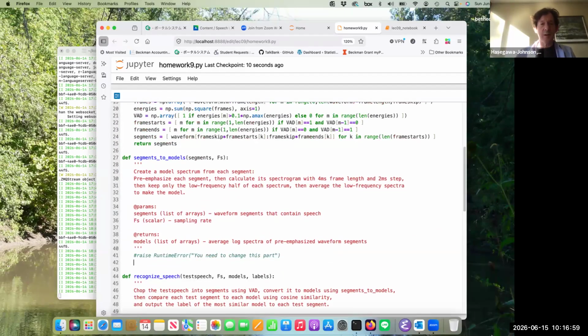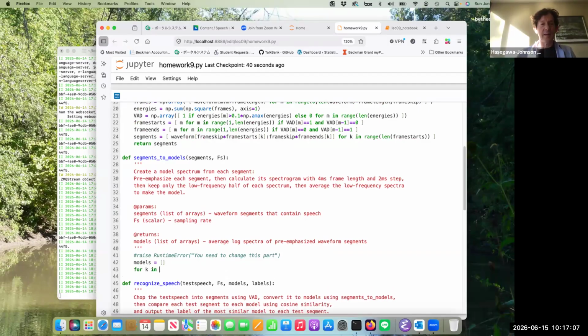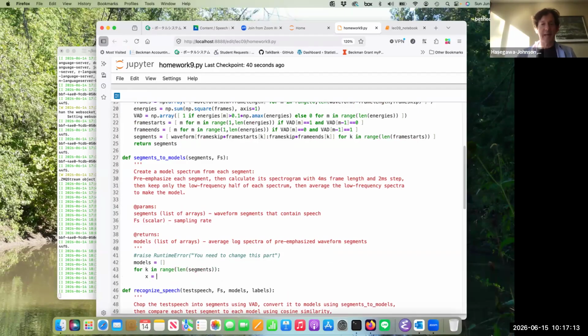So I will create models, this will be a list. And then for k in the number of segments, I want to take x is equal to, well, let's call it waveform actually. Waveform is equal to segments of k.